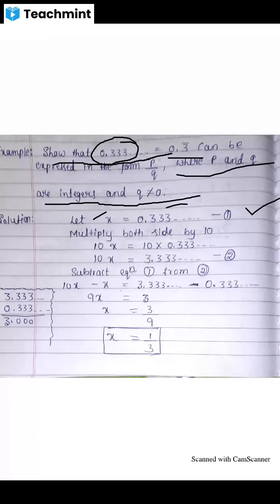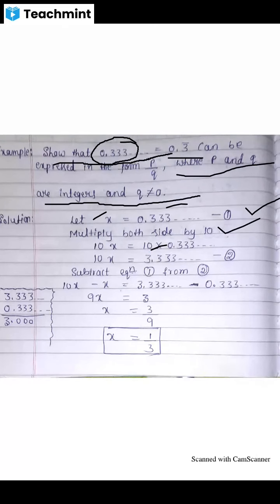If only one digit is in the repeating block, then you multiply both sides by 10. If the repeating block has 2 digits, multiply both sides by 100. If it has 3 digits, multiply both sides by 1000. Like this, we continue the problem. Now, in the repeating block only 1 digit is repeating. That's why we multiply both sides by 10.